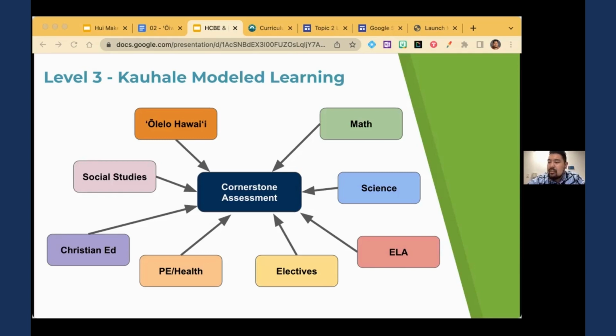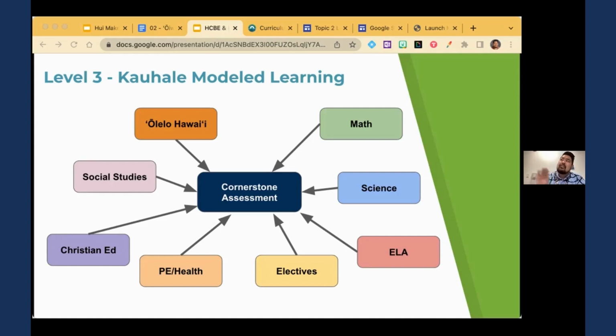So every single teacher at some level is expected to incorporate culture, or at least help the student know their identity, know where they come from, what is their superpower as a Kanaka, and how can they use that to elevate their learning, I guess you could say.